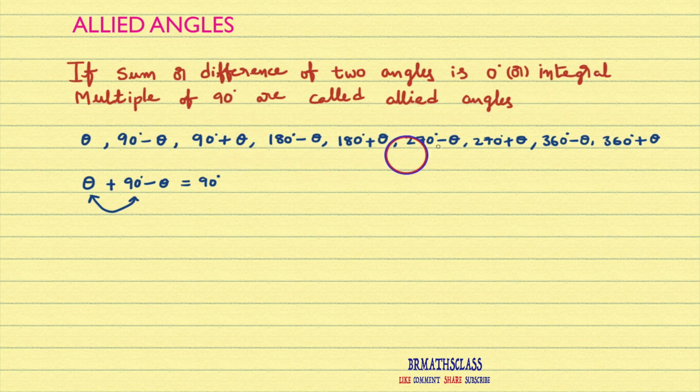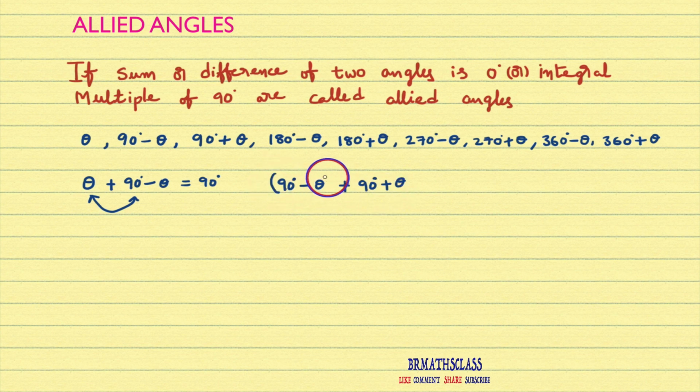Now we will take another two angles. For example, 90 degrees minus theta and 90 degrees plus theta. Are these angles allied angles? How do we decide whether angles are allied or not? You just add or subtract. Here I am going with addition because here there is minus theta and here plus theta.